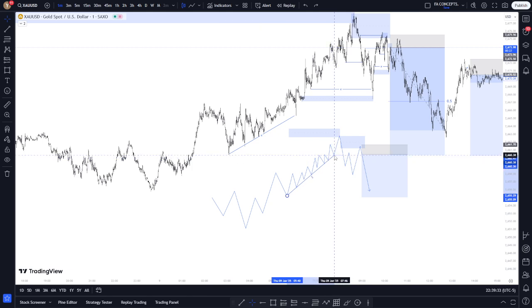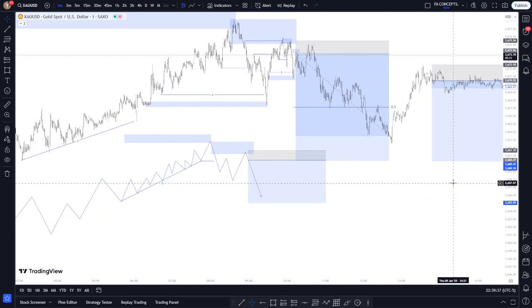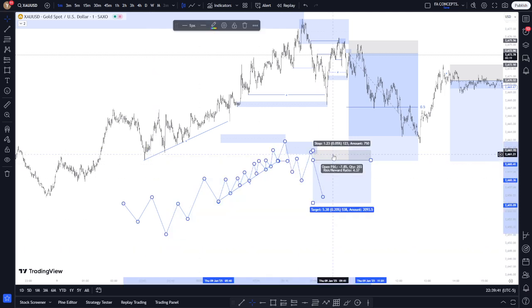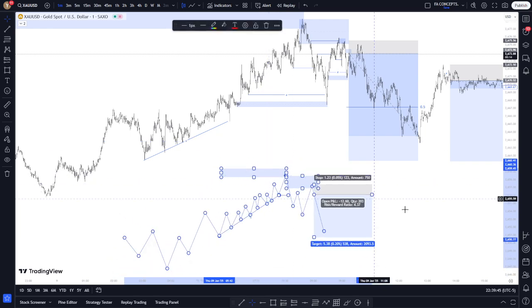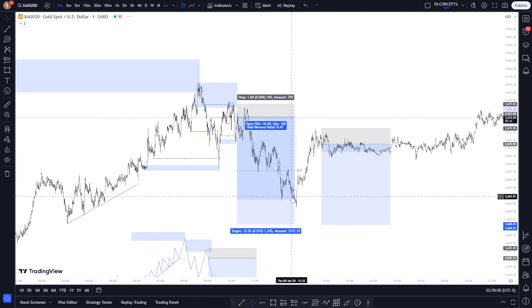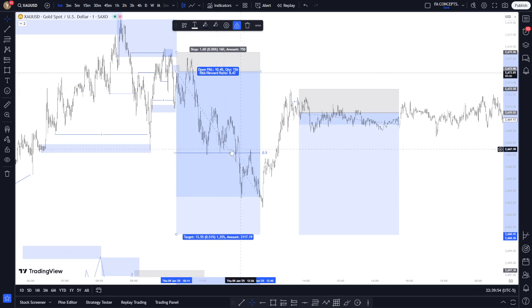Targeting all the sell side, as you can see here. Let me move this real quick. You can see here clearly. So I took this trade, took out half positions at this halfway level, and I set my stop loss at break even.